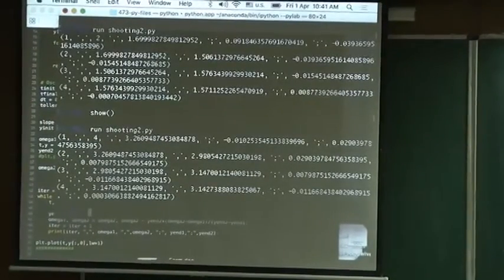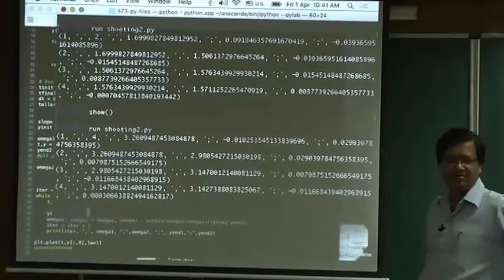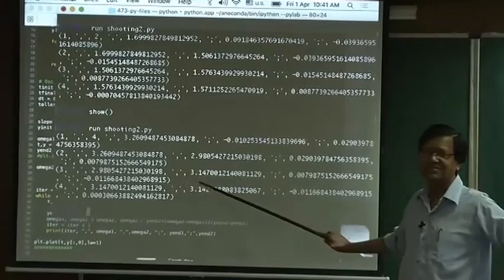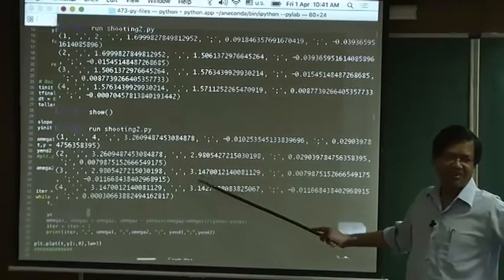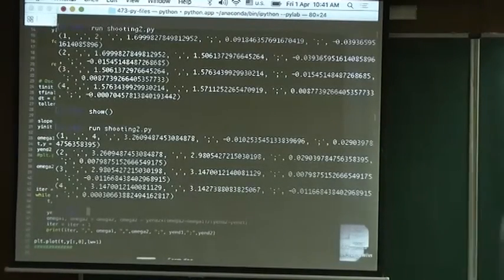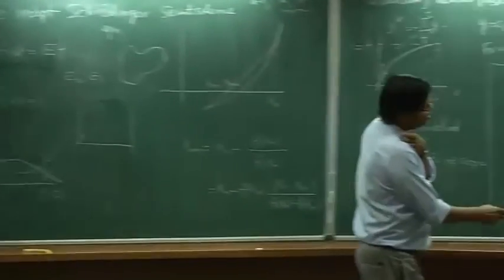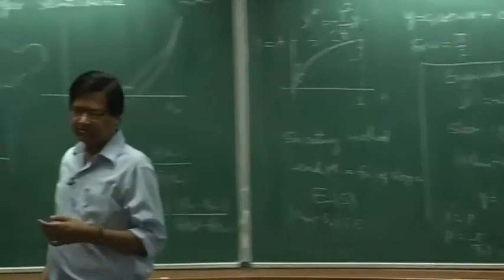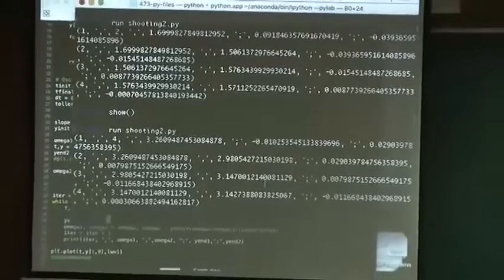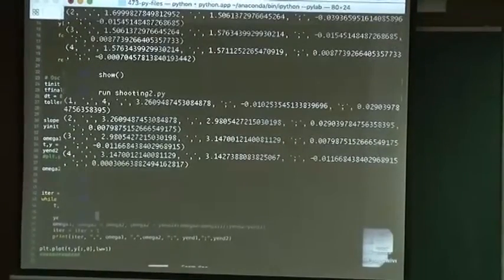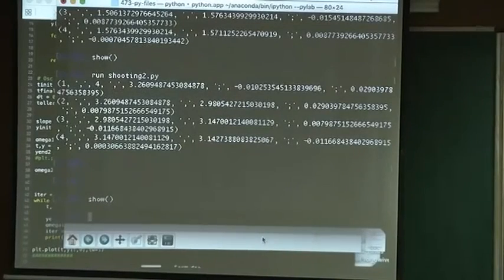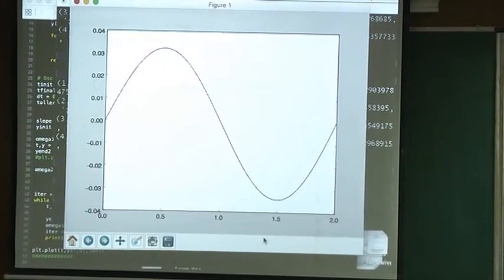What are my new omegas now? These are the omegas. And what is this? Pi, right? That's what I wanted, pi. And what does it correspond to? This solution. So this is the next solution.